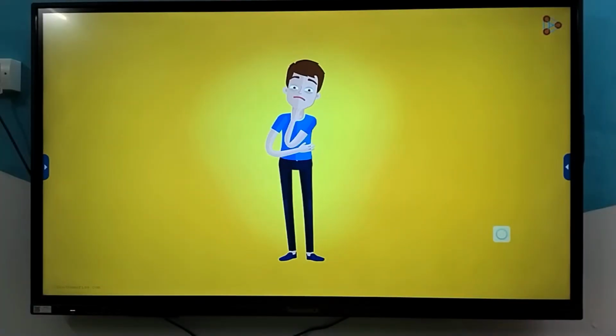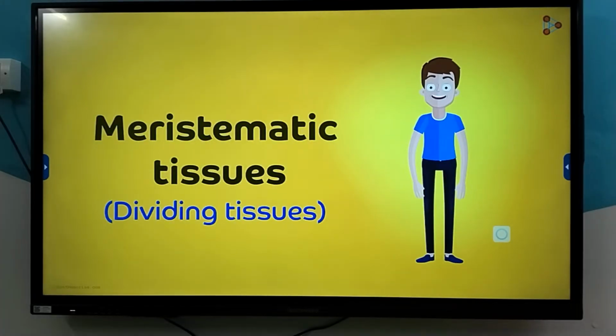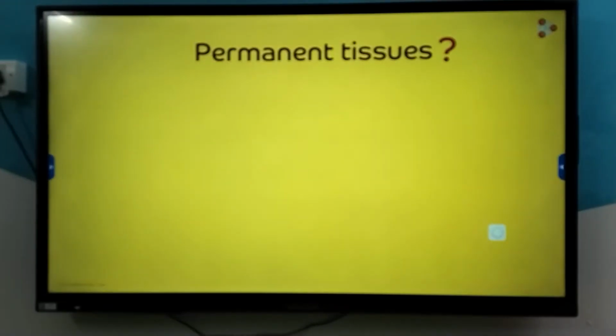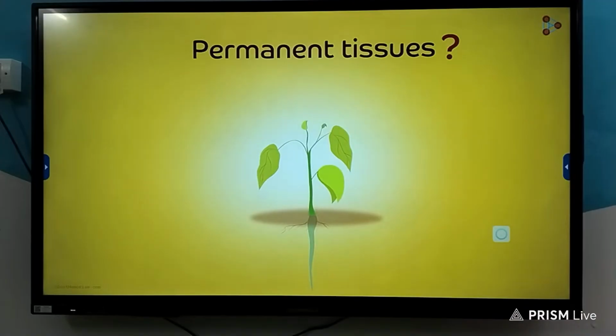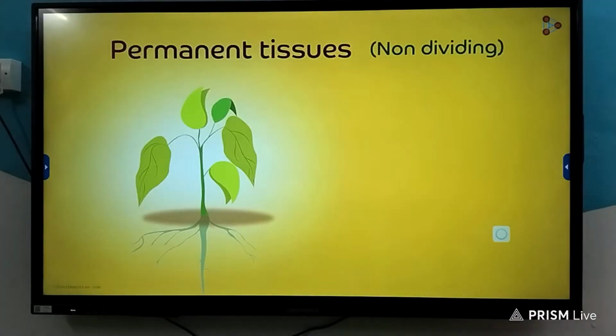What did we study in our last lesson? We studied about meristematic tissues, right? Now tell me one thing. Do plants also have permanent tissues right when they germinate from seeds? Permanent tissues are composed of cells that have lost the power of dividing. That is kind of out of place, right?